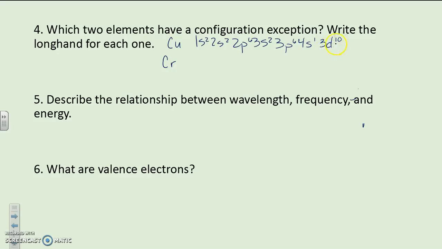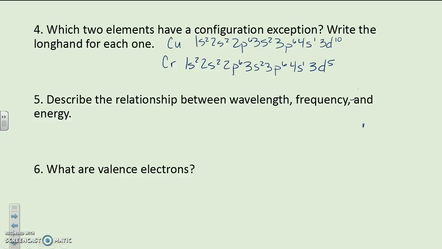Remember, it had 9, but one of those wanted to whine and cry, and so 4s decided to donate one of its electrons. We're doing that to lower the energy level, lowering the potential energy. Chromium was the other one: 1s2, 2s2, 2p6, 3s2, 3p6, 4s1, 3d5. Those are the only two that you need to know.